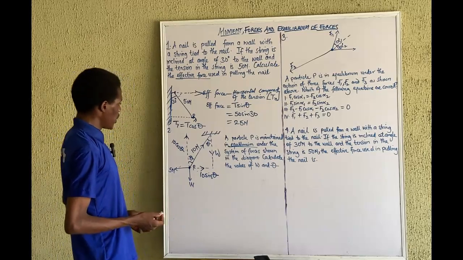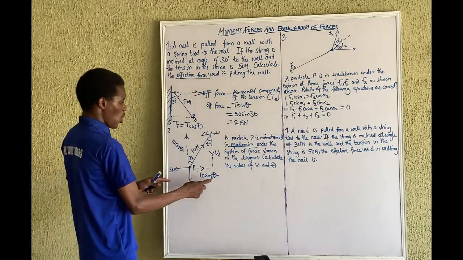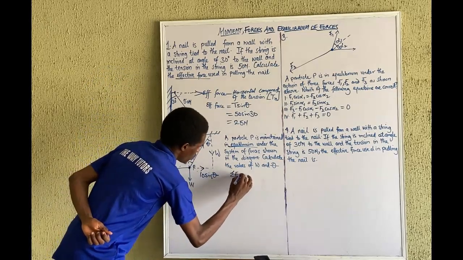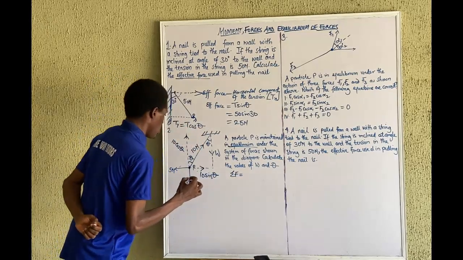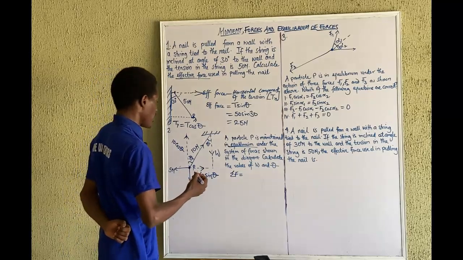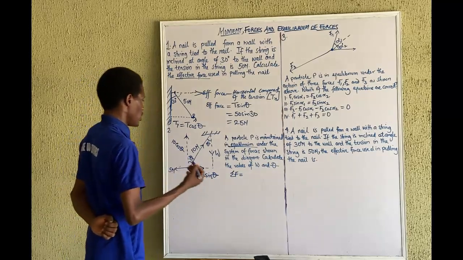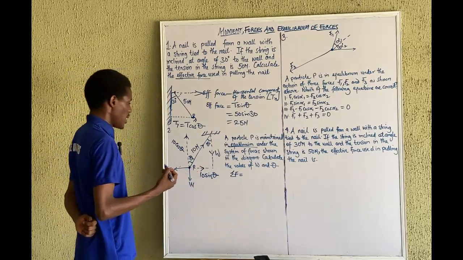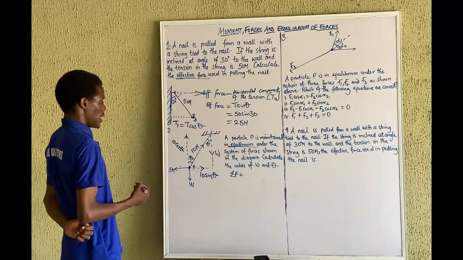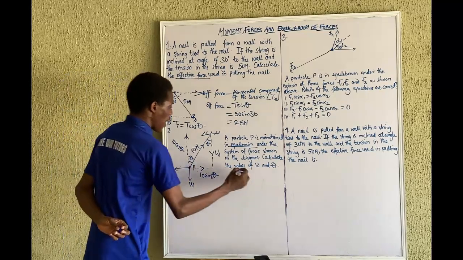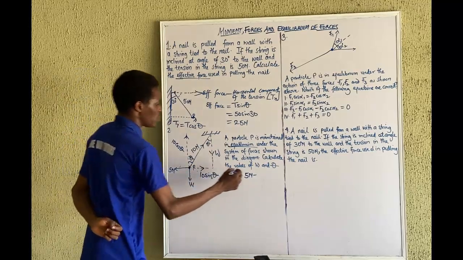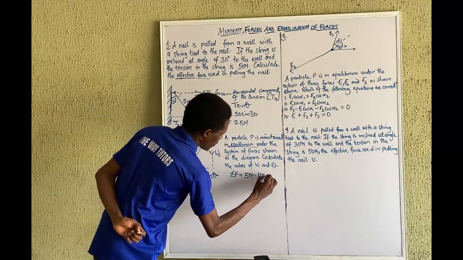Now, if I want to calculate W, I can go with this one and this one. Summation F. Remember, Newton's third law says to every action there is an equal and opposite reaction. Meaning that the effect of 5N is balanced, since this body is in equilibrium, by 10 sine theta.